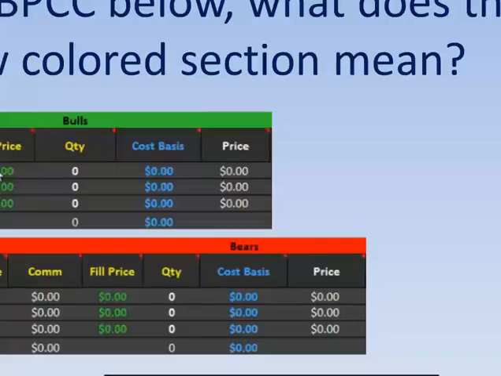Yep, yellow down right here, that's the manual entries. Manual entries, they require, at some point in time, you have to enter in information like the price, of course, the commission, fill price. You're right. Good job.